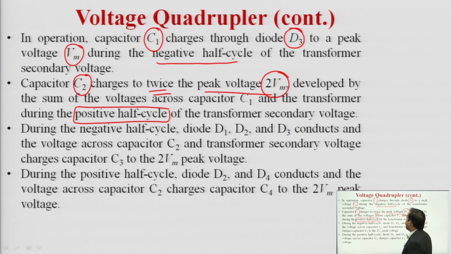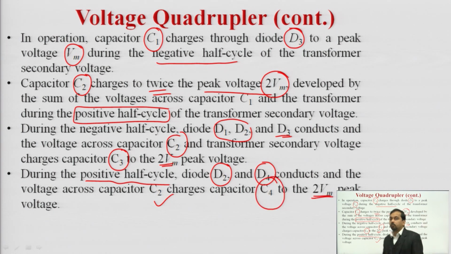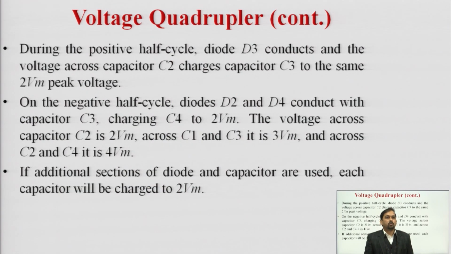After that, during the negative half cycle, D1, D2 and D3 conduct, and the voltage across capacitor C2 and the transformer secondary voltage will charge capacitor C3 to a voltage of 2 times Vm. And last, during the next positive half cycle, diode D2 and diode D4 conduct, and the voltage across capacitor C2 charges capacitor C4 to 2 times Vm. So, this is nothing but the voltage quadrupler circuit.